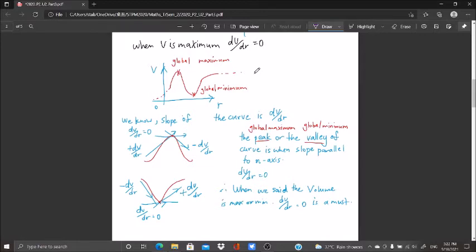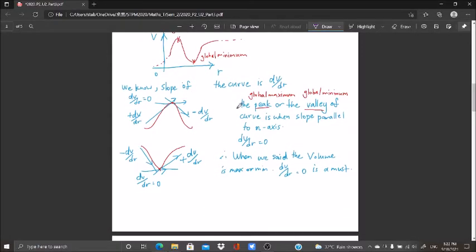I use maxima and minima for the plural, maximum and minimum for the singular. When we talk about global maximum, there is only one; it can't be many. Global minimum, only one. If local, I will use local maxima and local minima. That's the difference.